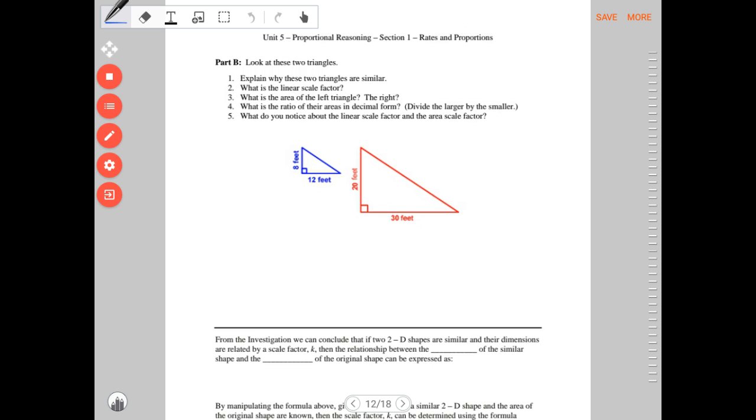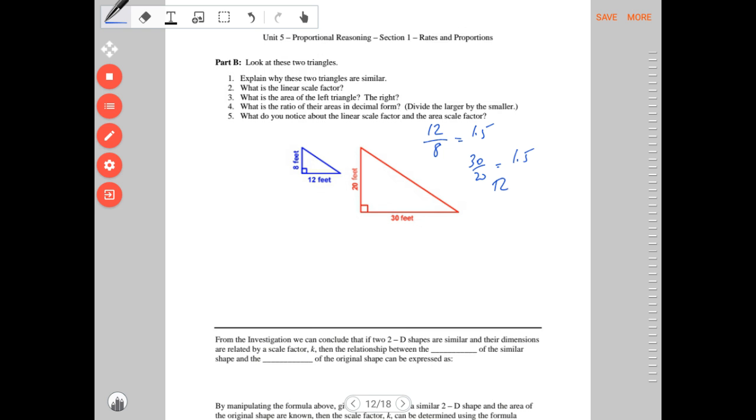If we figure out the ratio, let's go 12 to 8. So 12 divided by 8 is 1.5. So the ratio of the blue triangle side lengths is 1.5. Then if we go 30 divided by 20, oh, look, it's 1.5. So that's why the two triangles are similar. The ratios of the side lengths are the same.